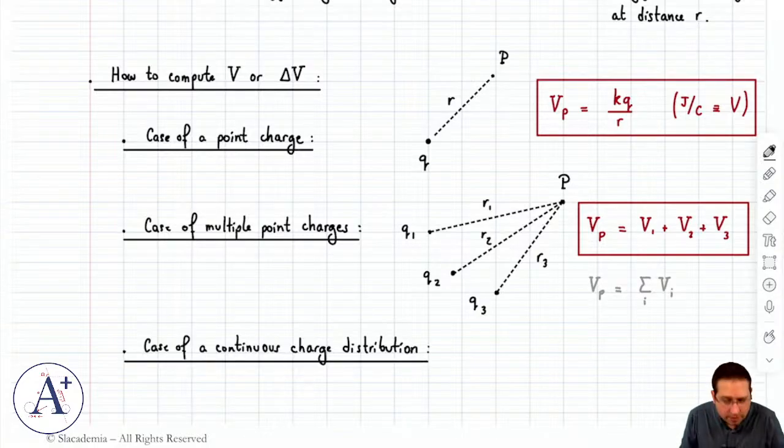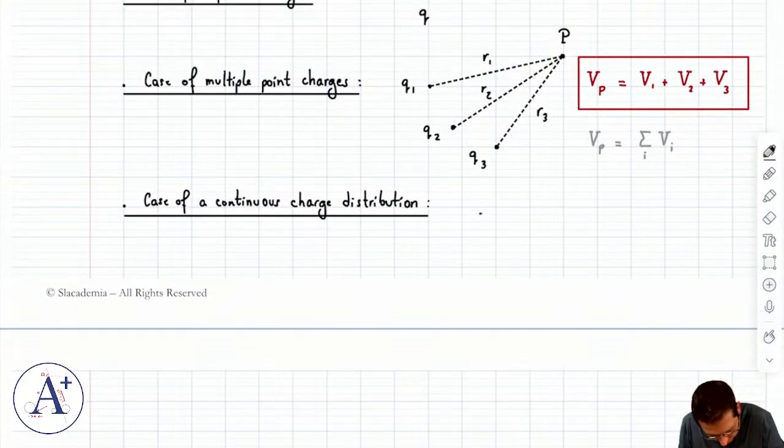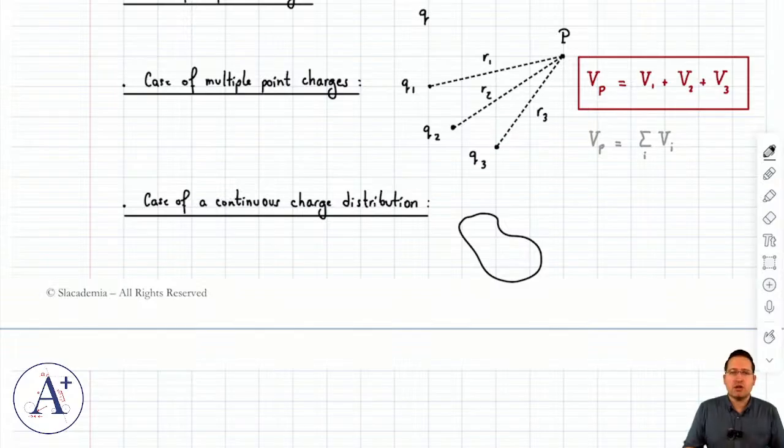All right, so here's where stuff gets interesting, because when we draw this in physics, we need to draw something, but the something is not going to be very helpful because it's very abstract. It's meant to represent any possible scenario. So I'm going to draw a blob of charge, but it could be just a wire that's bent a certain way. It could just be a surface, it could be a volume, it could be all of those things.